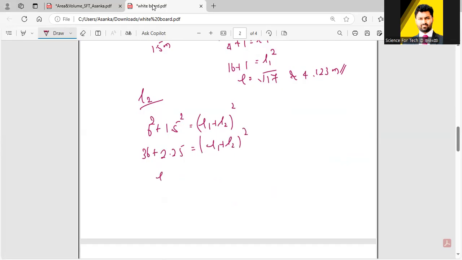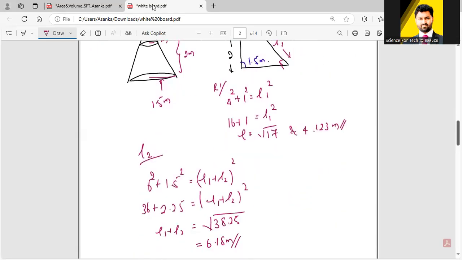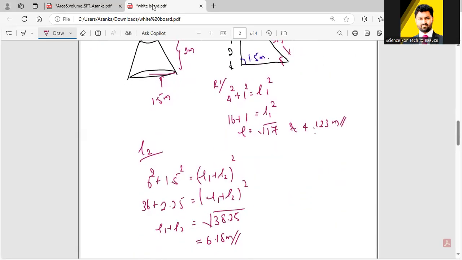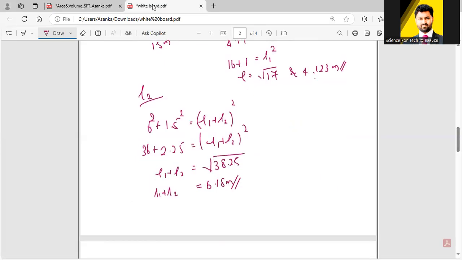Then L1 plus L2 is the square root of 38.25, which is 6.18 meters. So we know L1 is equal to this much, and L1 plus L2 is equal to this much. So we can easily find L2.